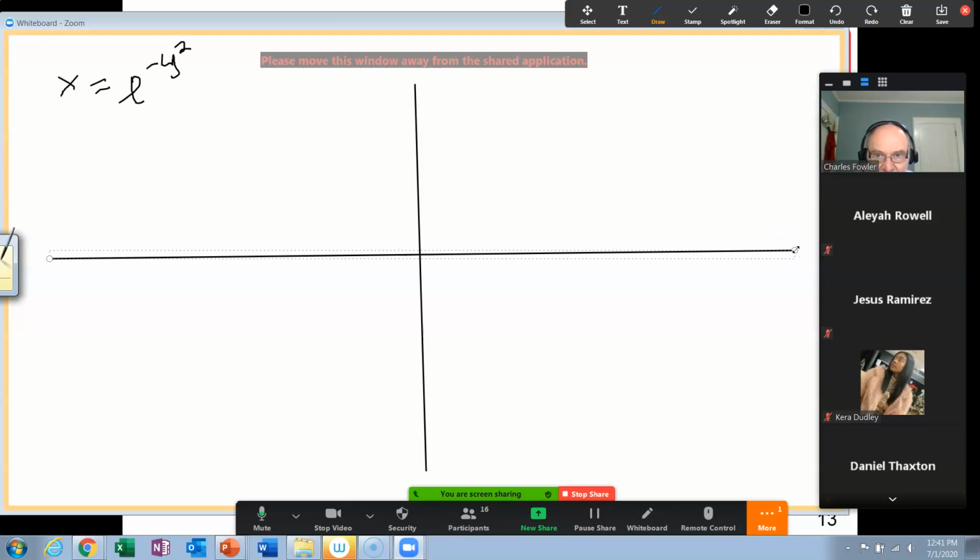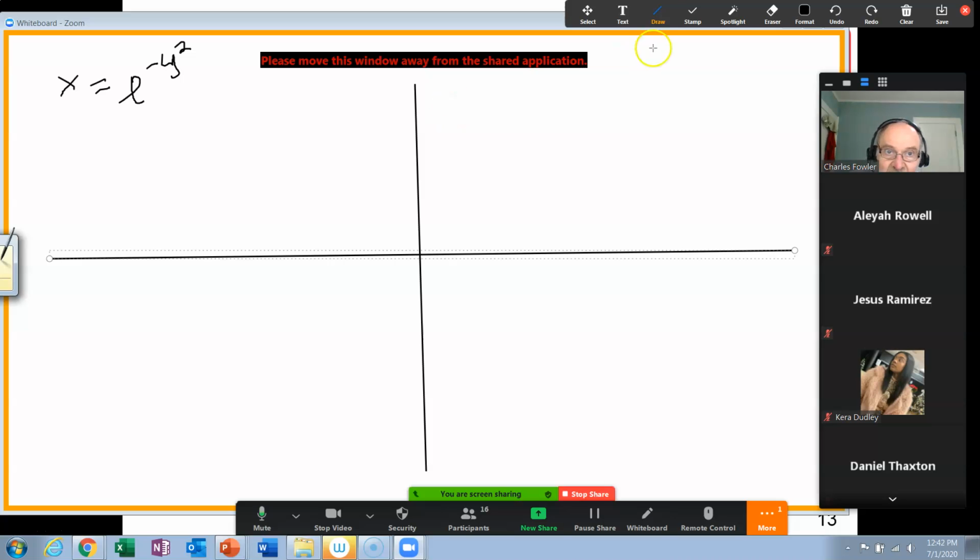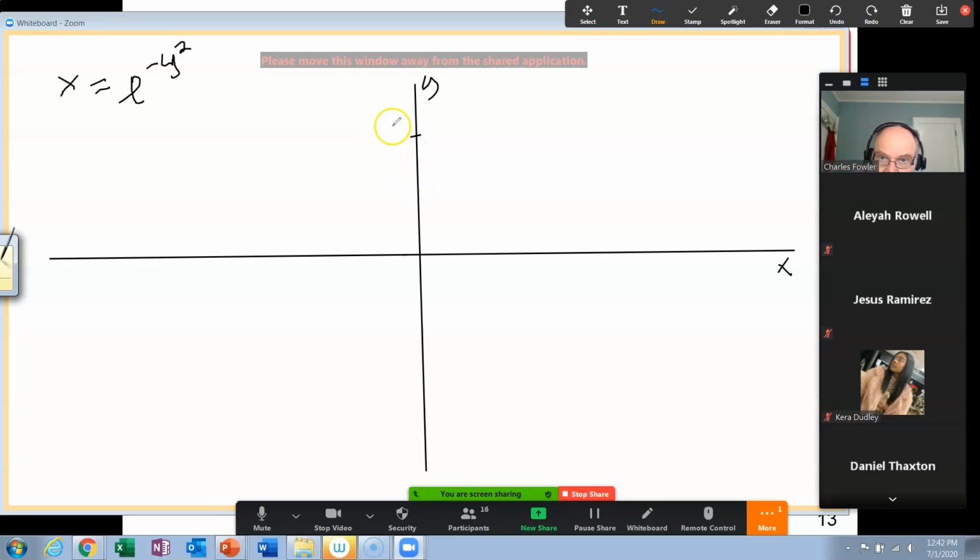This will be our y, this will be our x, and we're going from 0 to 1 on y.